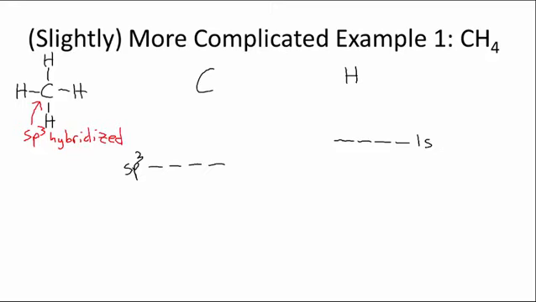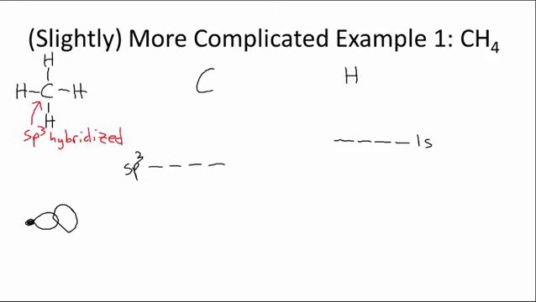So let's consider just one of the bonds, and let's imagine what the bonding and antibonding orbitals would look like. So if I imagine C and H bonding, carbon's got an sp3 hybrid orbital, which would look like this. Hydrogen's got a 1s orbital, which would look like that.